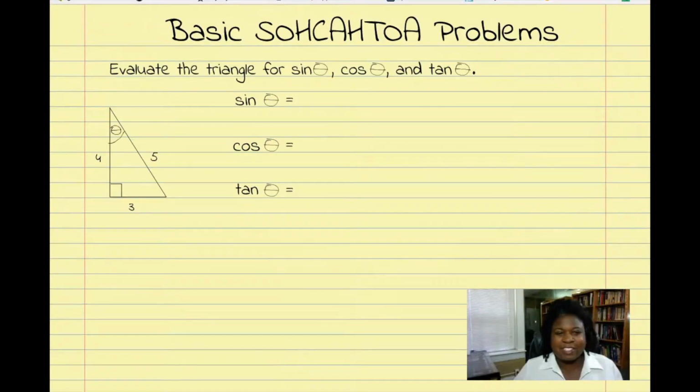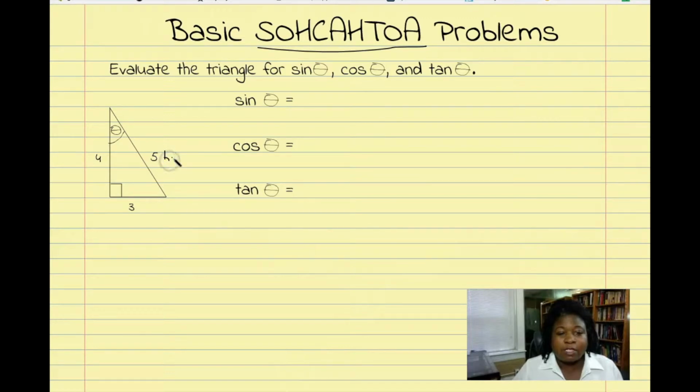For our second example, we're going to look at the same triangle, but this time theta is the other acute angle. Now watch what happens. You still would have SOHCAHTOA at the top of your paper, and when you want to find sine theta, you still think, oh, I should label my sides.